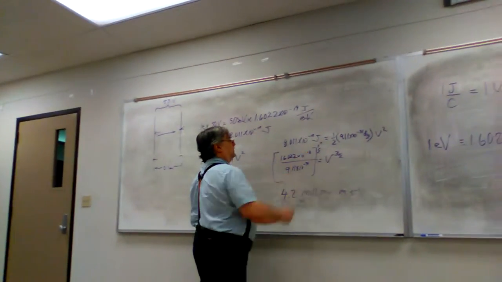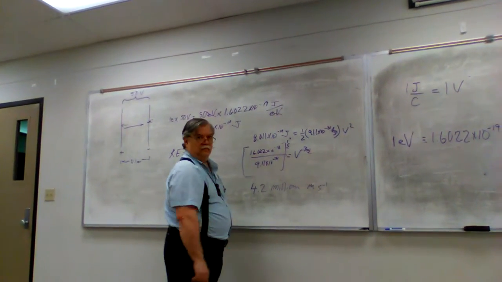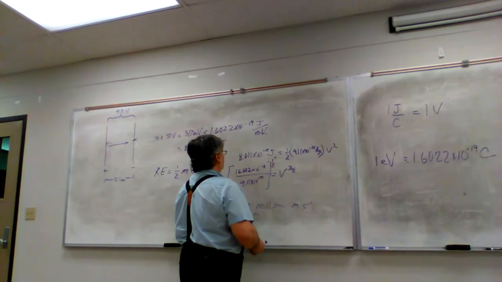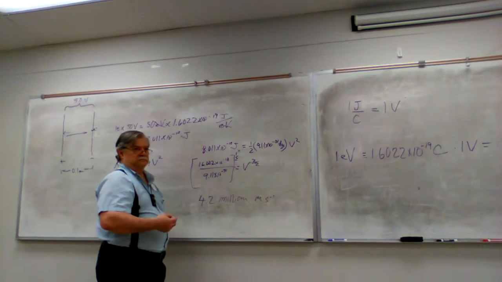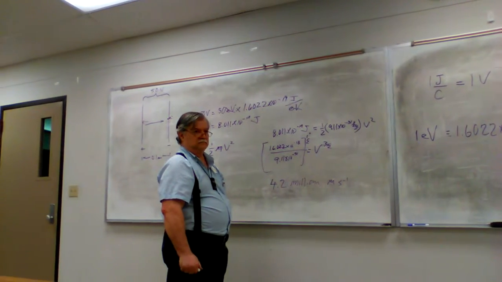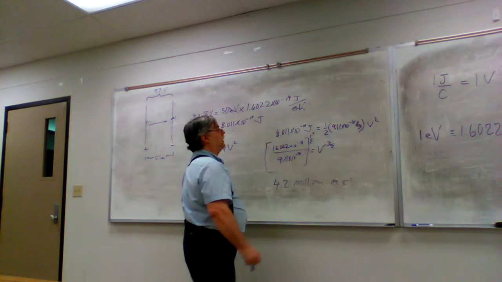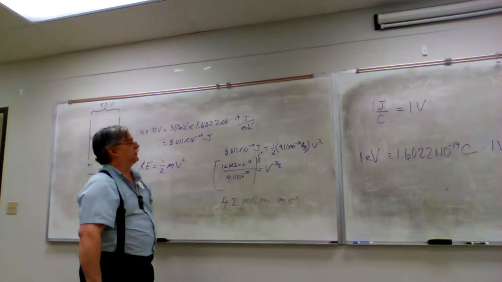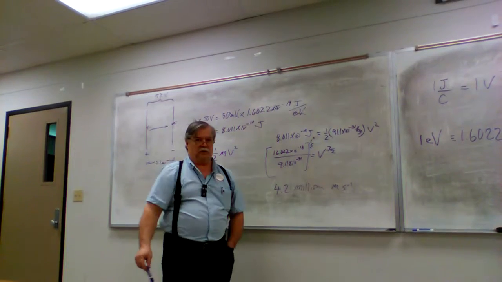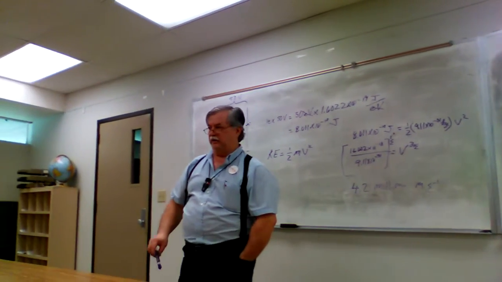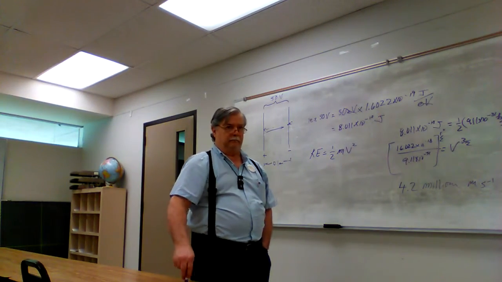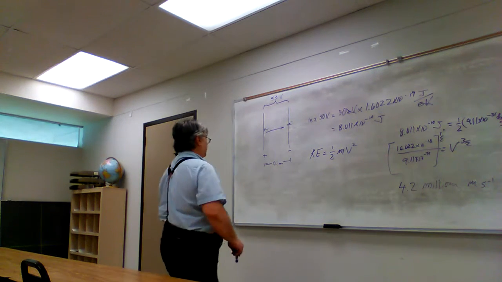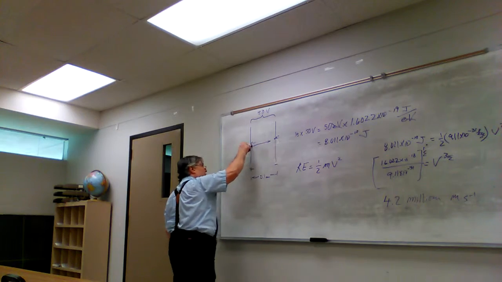Times 10 to the minus 18. Then divide both sides by 911 times 10 to the minus 31, and take the square root. And you should get 4.2 million meters per second. That's how fast that little electron is going to be going when it hits that plate.